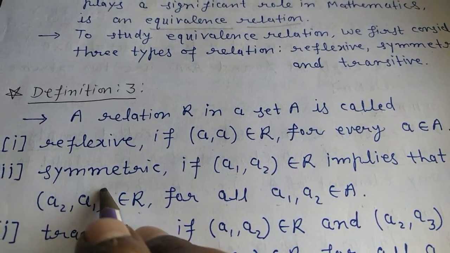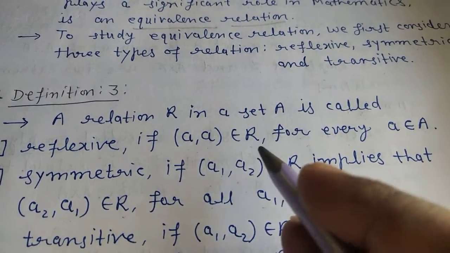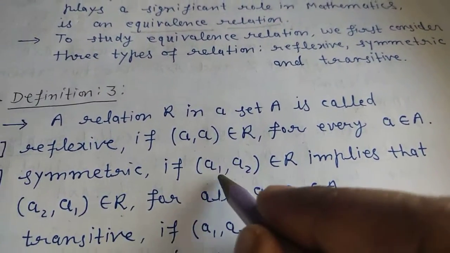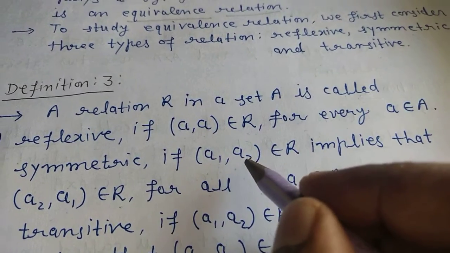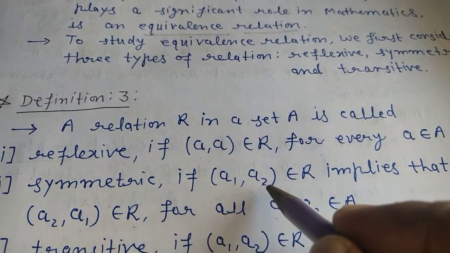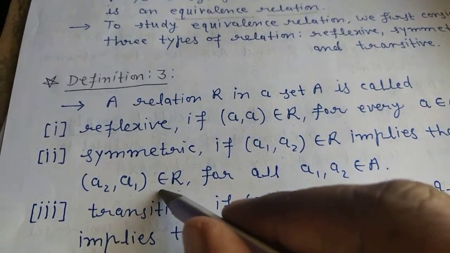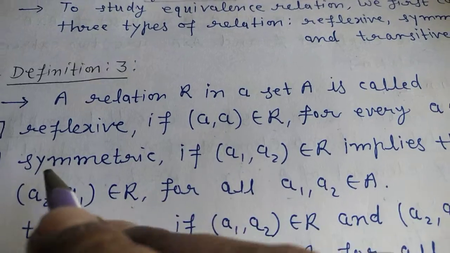In symmetric, you can consider two objects. If a1 equals a2, then a2 equals a1 also is true. So this type of relation is called symmetric.